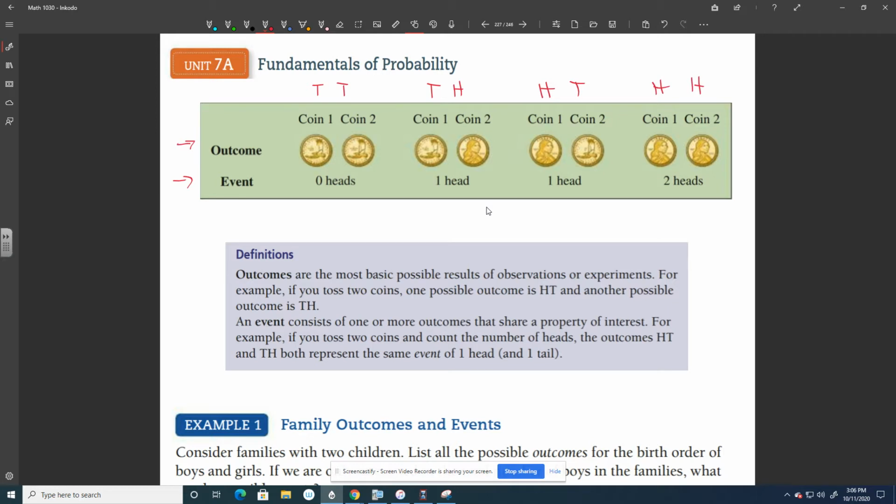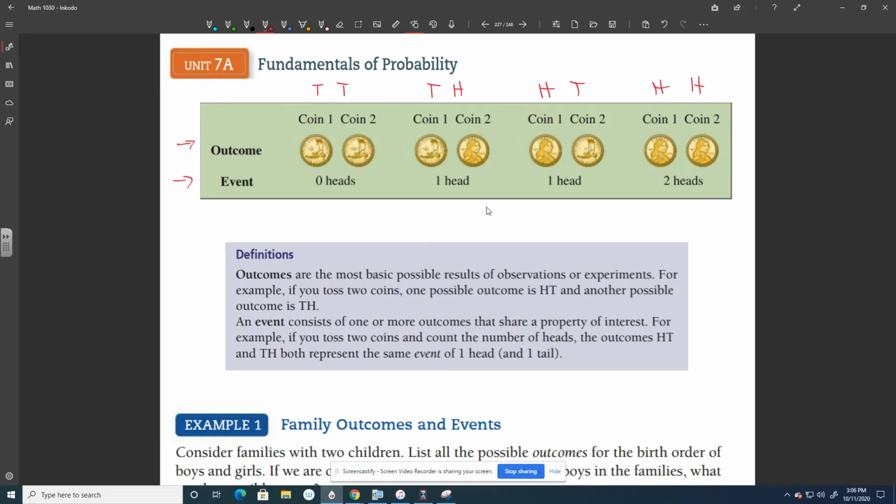But the different events that could happen, if I'm only interested in the number of heads, I could get 0 heads if I had both tails. I could get 1 if the second coin was a heads.